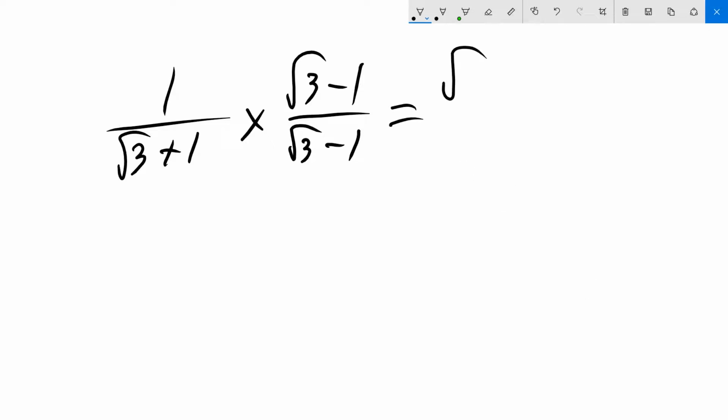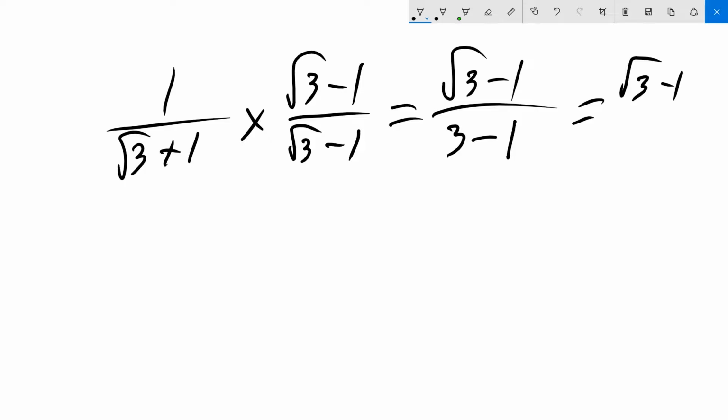So on the numerator we get root 3 minus 1, and then on the bottom we can use the change of squares to work it out. So root 3 squared, that's 3, and 1 squared is 1, so minus 1, which is equal to root 3 minus 1 divided by 2.